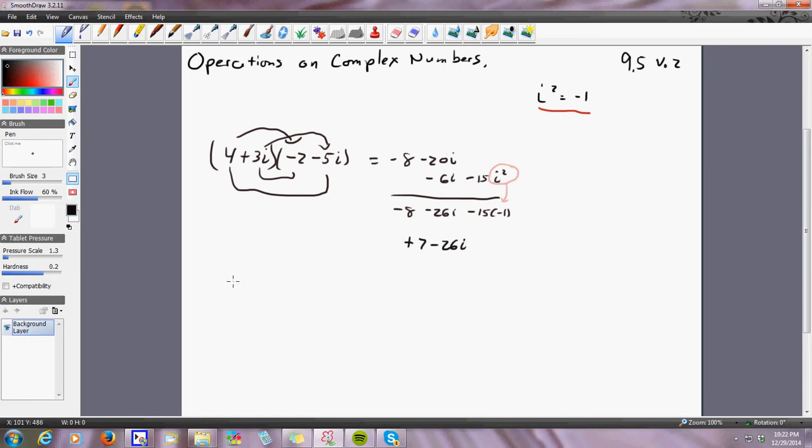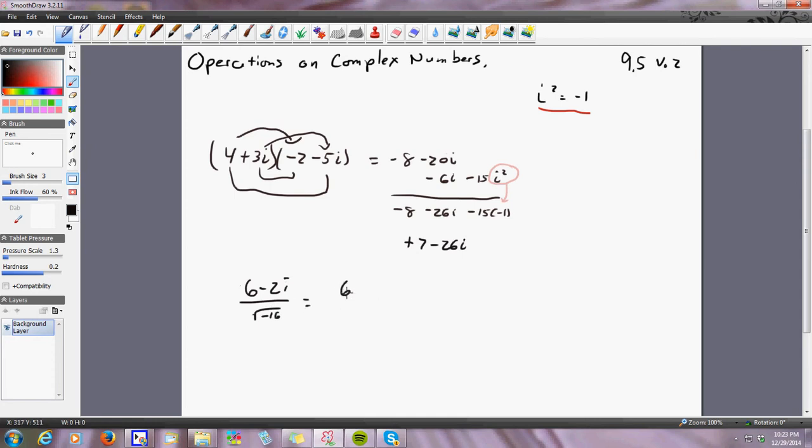Because I did want to do one where we divide. And I just wanted to see if there's a good example. Oh yeah, here's a good example. 6 minus 2i over the square root of negative 16.